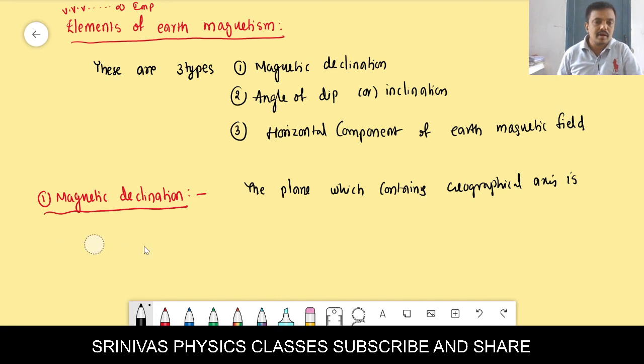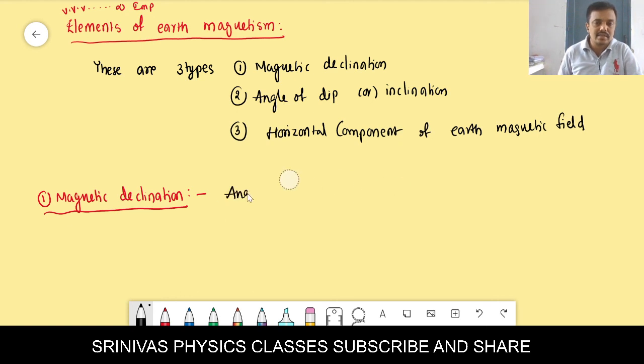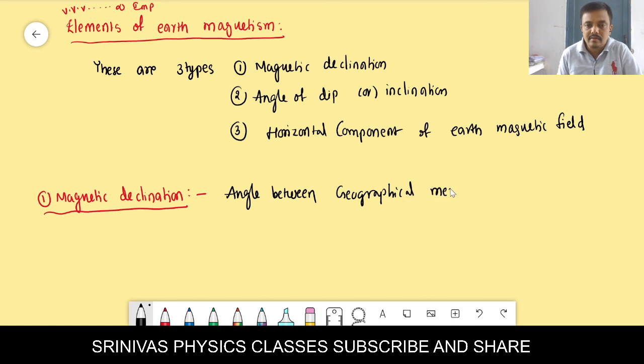And the plane which contains the magnetic axis is called the magnetic meridian, and the magnetic declination is the angle between the geographical meridian and magnetic meridian.